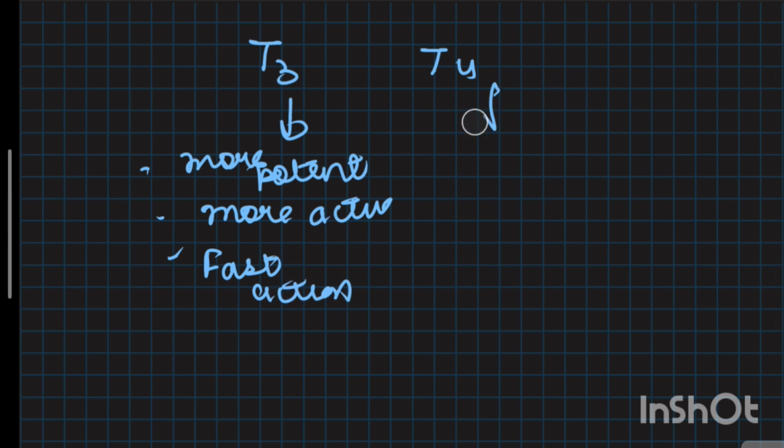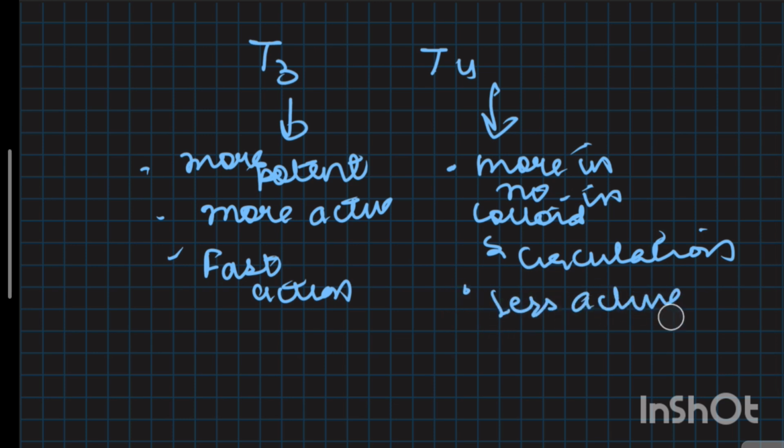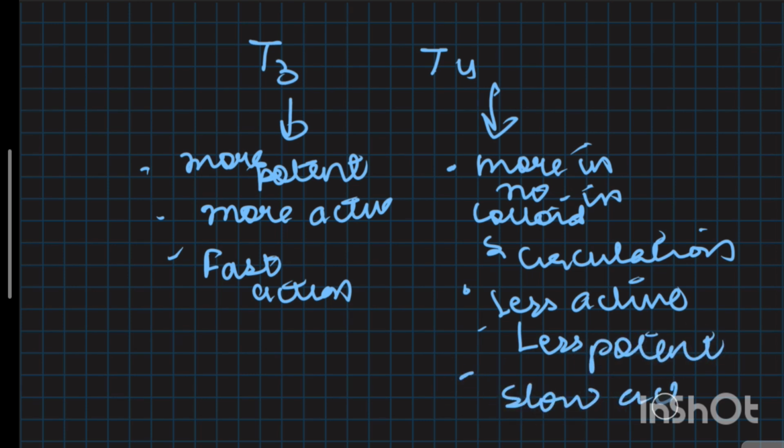And T4 is more in number in colloid and circulation, but at the same time it is less active, less potent, and slow action.